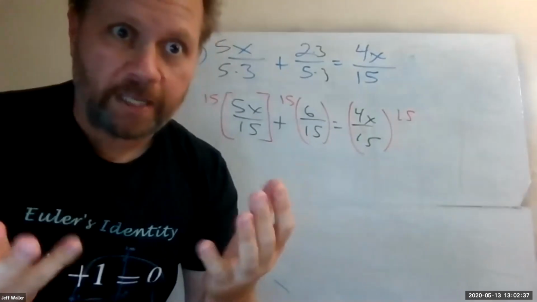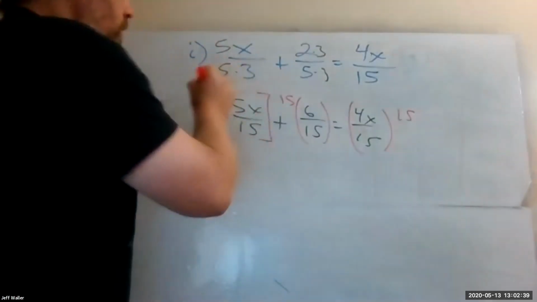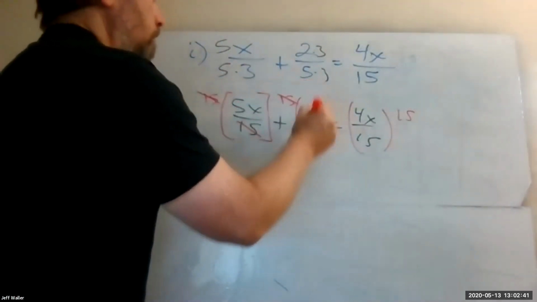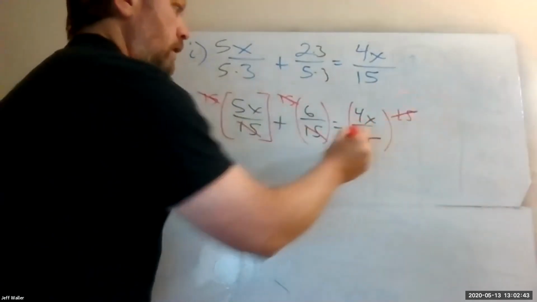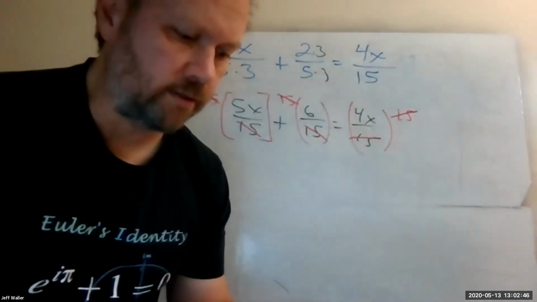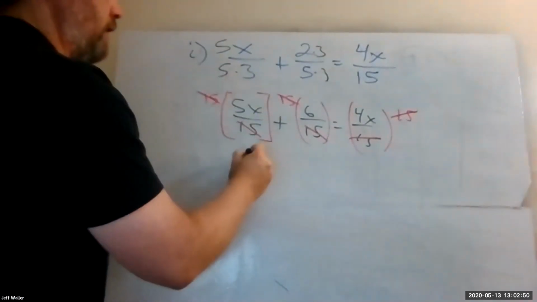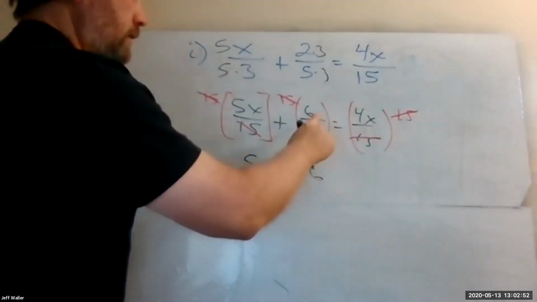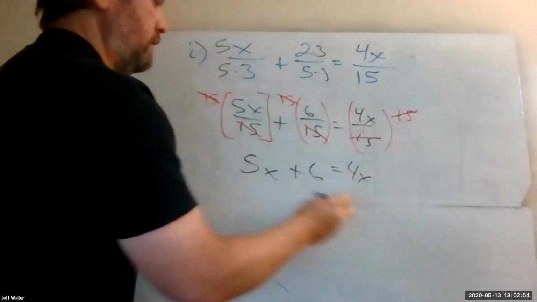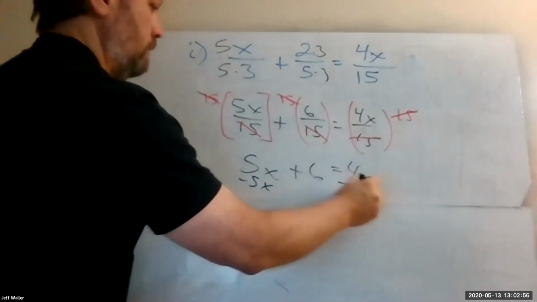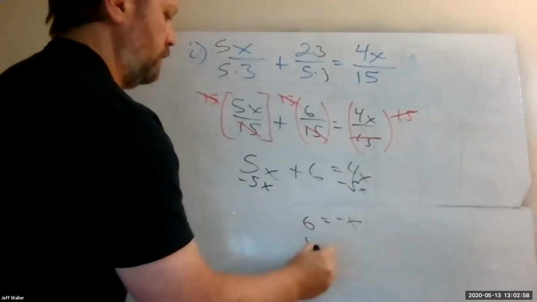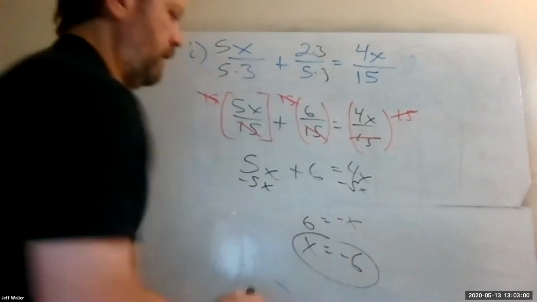So of course I'm going to multiply everything by 15 because that'll cancel. I don't know if this sounds familiar to anybody, but we have done this before. So then I would have 5x plus 6 equals 4x. 6 equals negative x, so x equals negative 6. Bam.